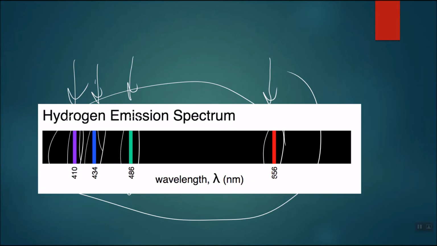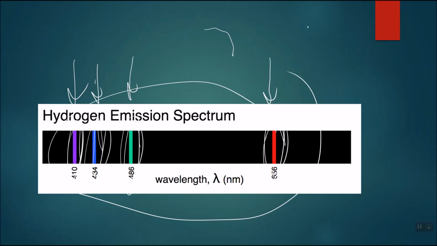Hydrogen A, its electron could emit there. Hydrogen B, there, there, there. What this is telling us is the most likely scenario for electrons going into excited state and then coming back down to ground state is for it to emit light in these areas.